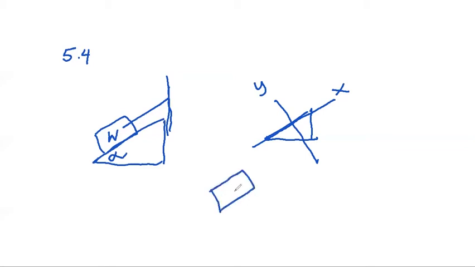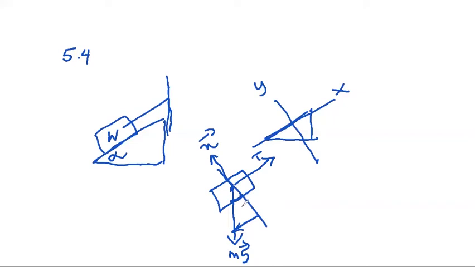We know there's an mg, a normal, and the tension. I want everything in terms of mg. One component of mg is the force pulling it down the ramp, and the other component of mg is my normal.